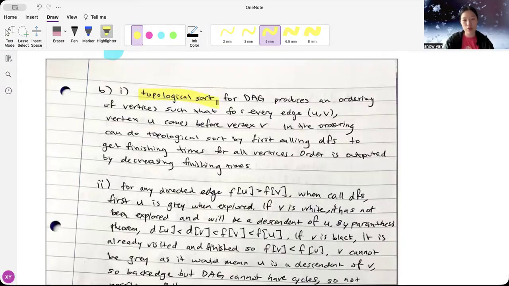Topological sort for a DAG produces an ordering of vertices such that for every edge (U, V), vertex U comes before vertex V. We can do topological sort by first calling DFS to get the finishing times for all vertices. And then we just take the ordering and output it by decreasing finishing times. That way we can make sure that there's nothing out of order.